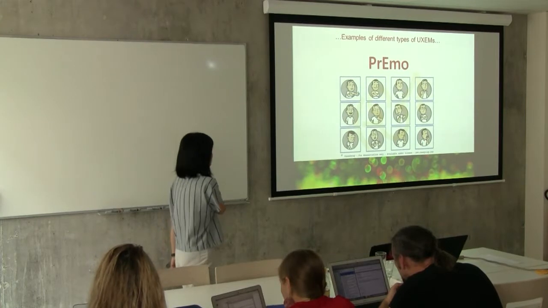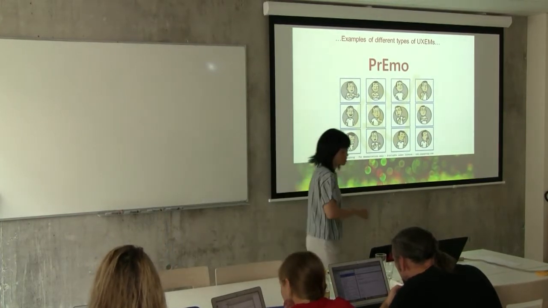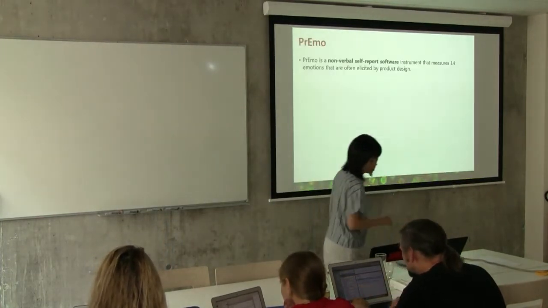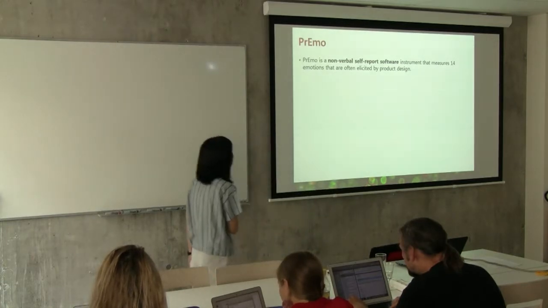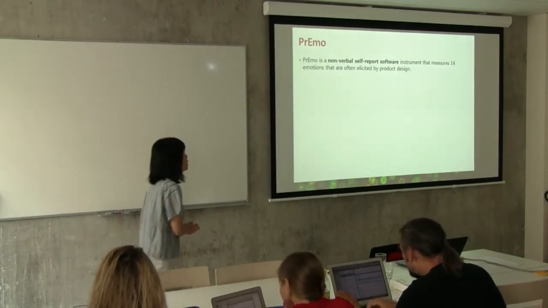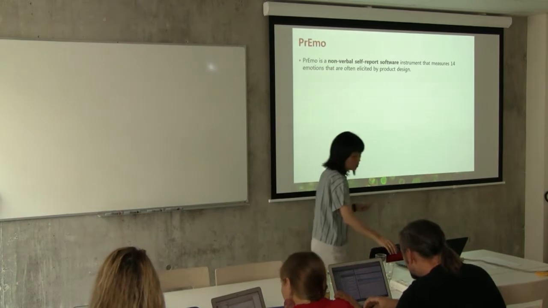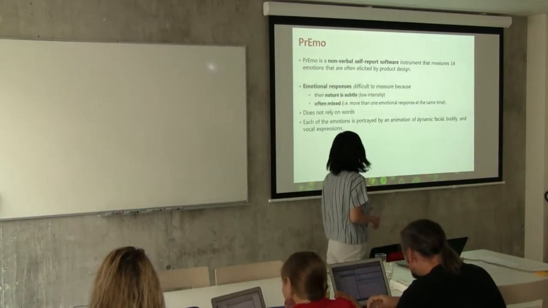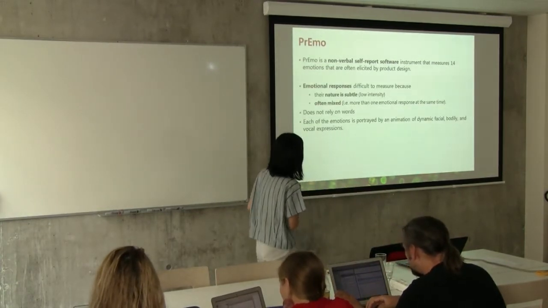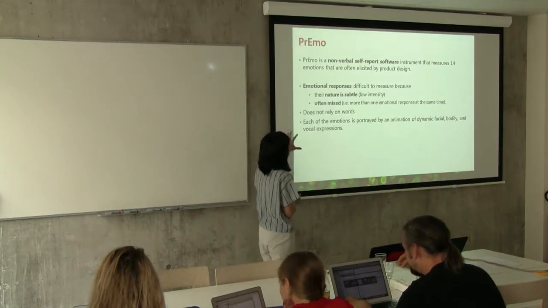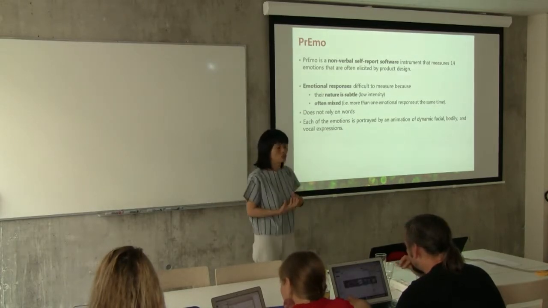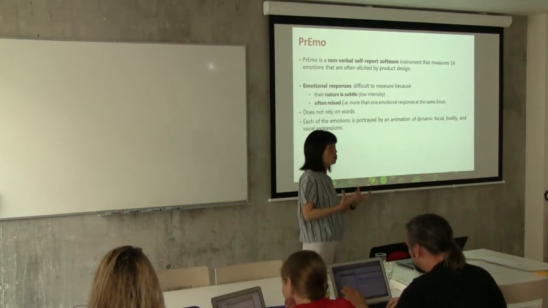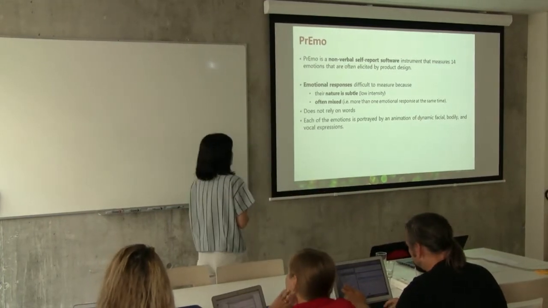This is PrEmo, developed in the Netherlands. It's a non-verbal self-report software. Originally it was on paper, now it has become software too. When you ask the user to describe the emotion verbally, the words they can use are quite limited.